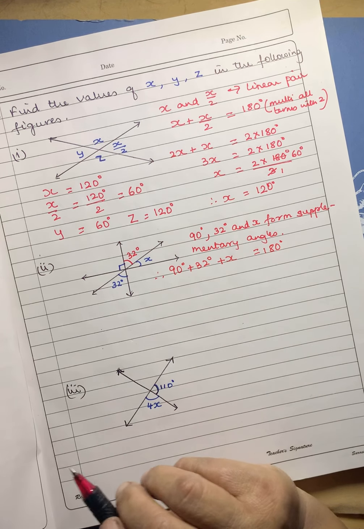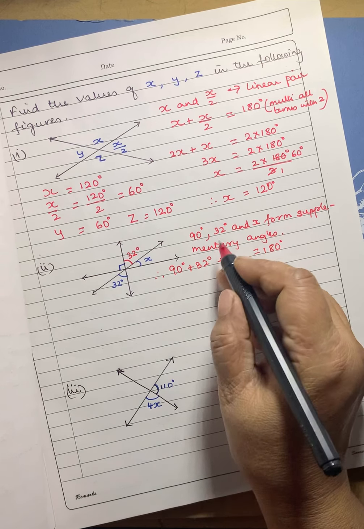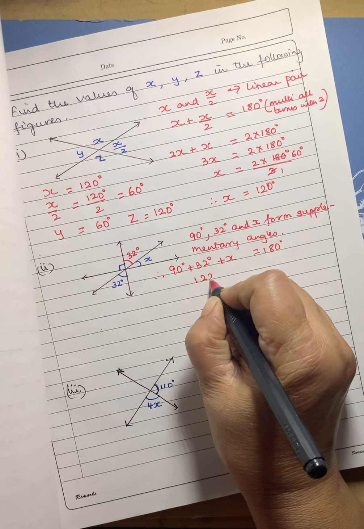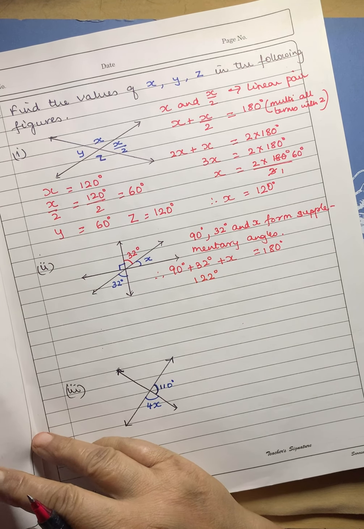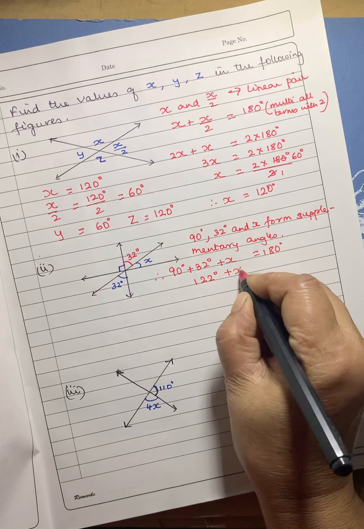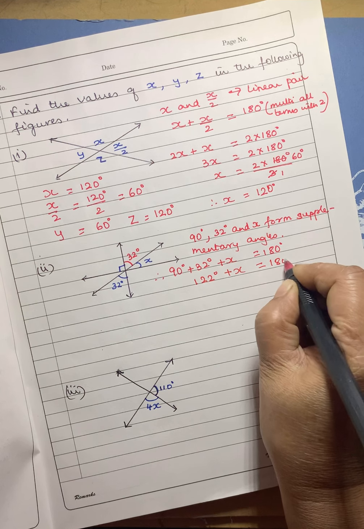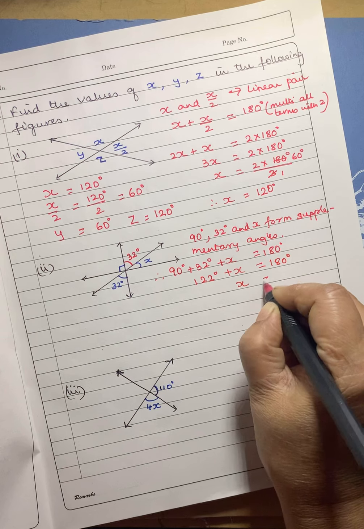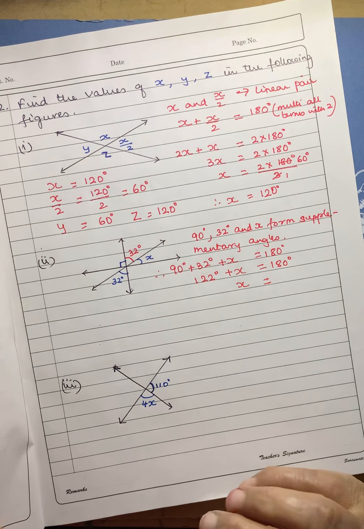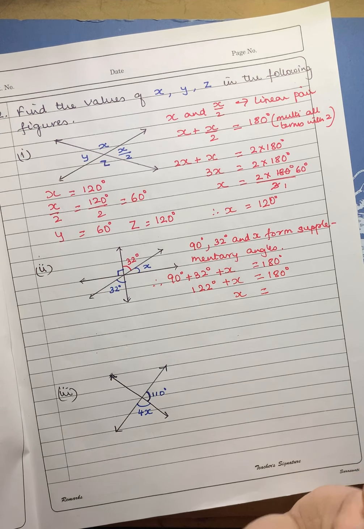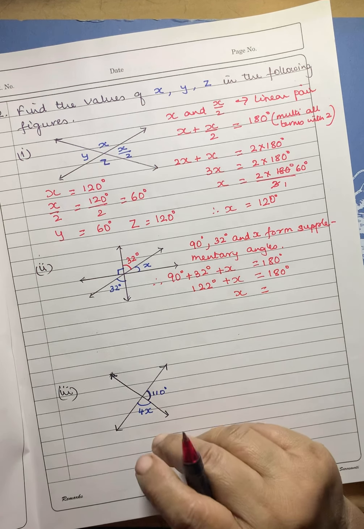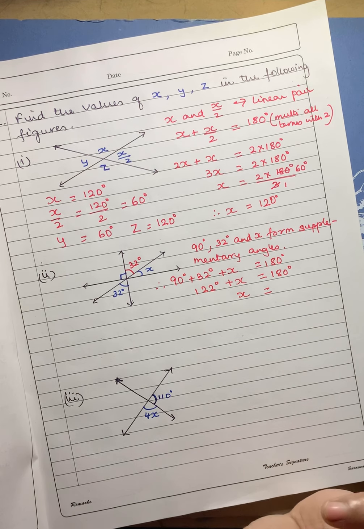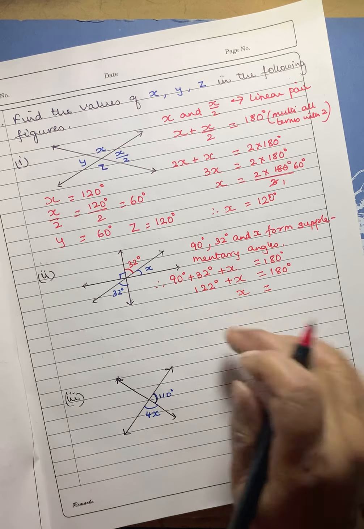90 plus 32 will give you 122 degrees. Plus x is equal to 180 degrees. Remember children, we are using linear equations or simple equations here. We are taking the unknown and working it out exactly how you did in simple equations.